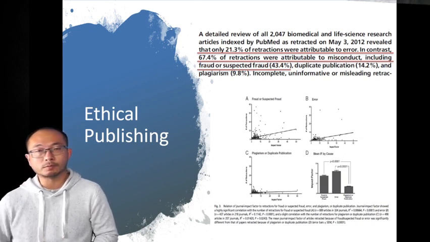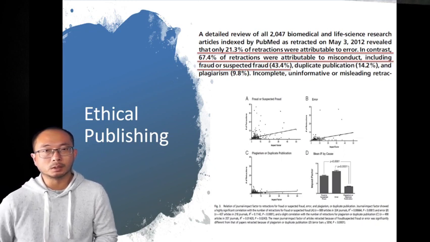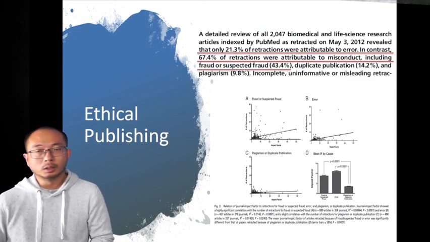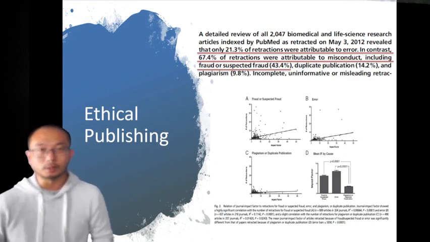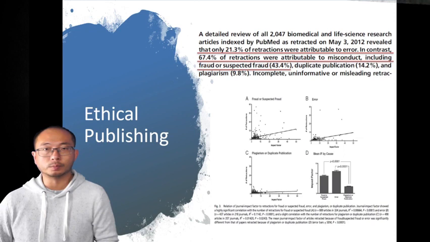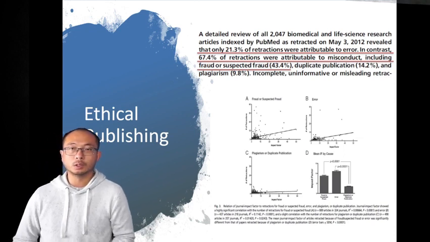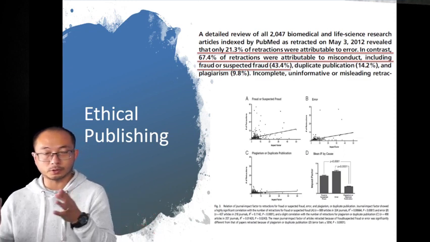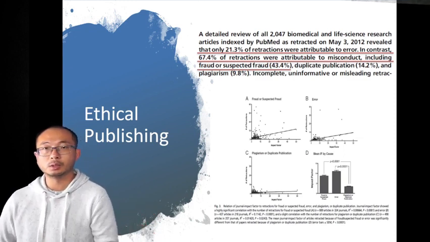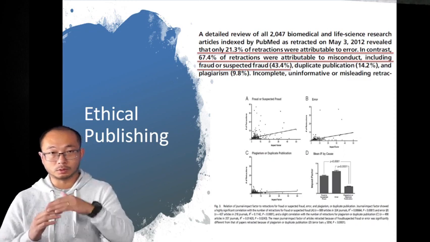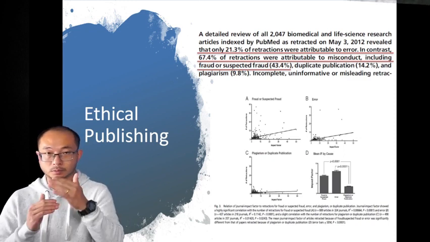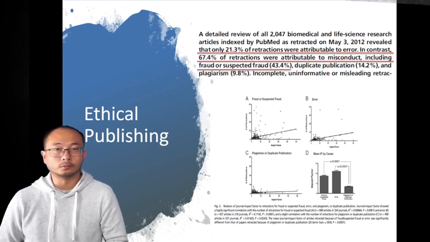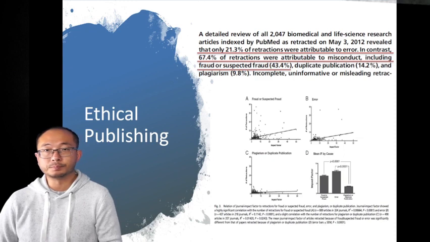In fact, they determined that the rest of the retractions were due to some kind of misconduct. It could be fraud or suspected fraud. Duplicate publication, which means that you publish in one place and then you take the same publication and put it out somewhere else, which means that your publication list grows by another one. Or plagiarism.